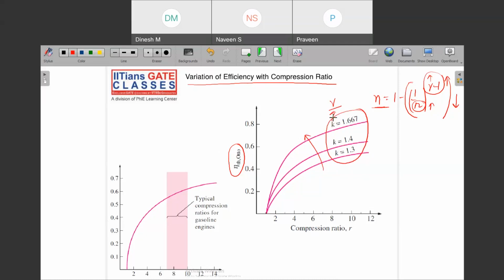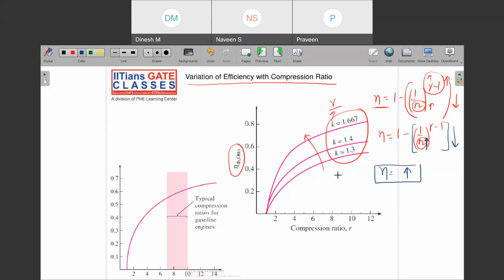So with the increase in the ratio of specific heats, efficiency is increasing, and with the increase in compression ratio, this will also increase. Let us say you are working with the same gamma. If I increase r, then r to the power gamma minus 1 increases, so 1 upon it decreases, and then eta overall increases.